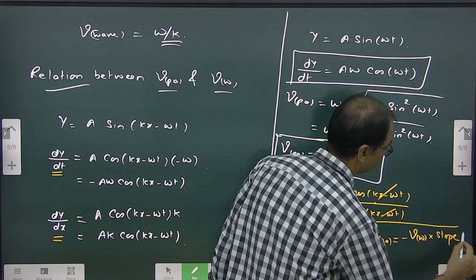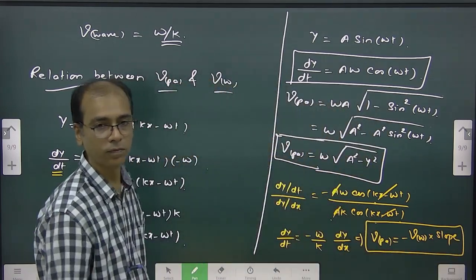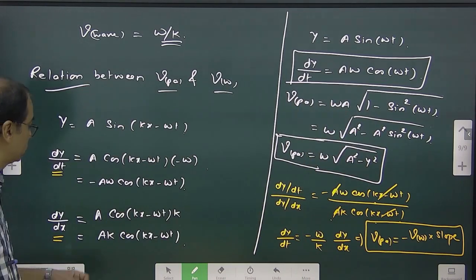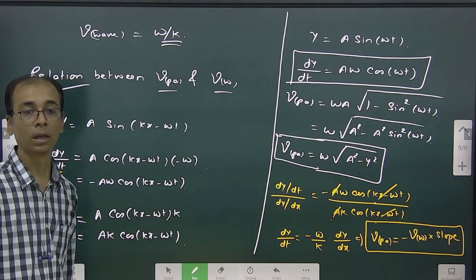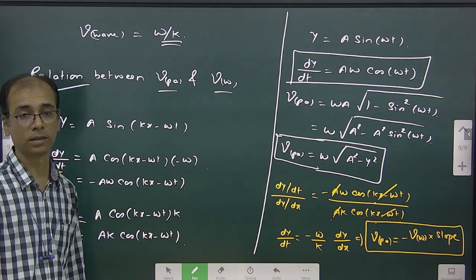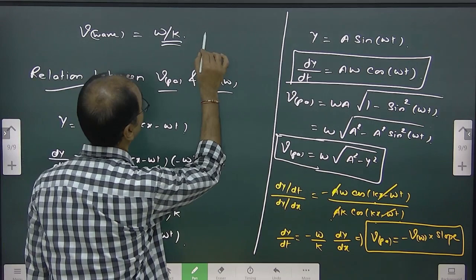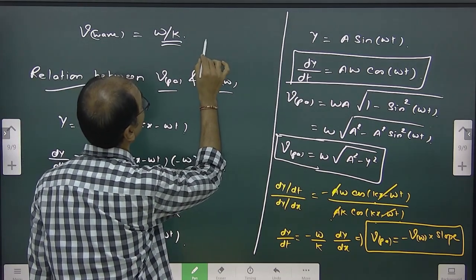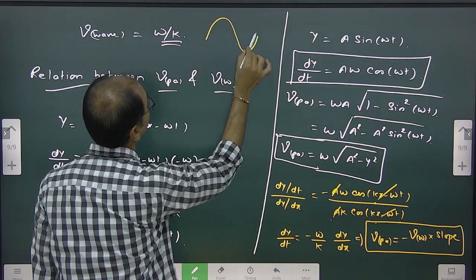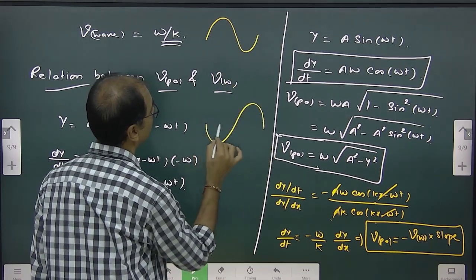This is the relation between velocity of particle and velocity of wave. And this is the slope. And this slope decides, for kx minus omega t, that equation y equal to a sin of kx minus omega t will be like this, and omega t minus kx will be like this. The slope decides.